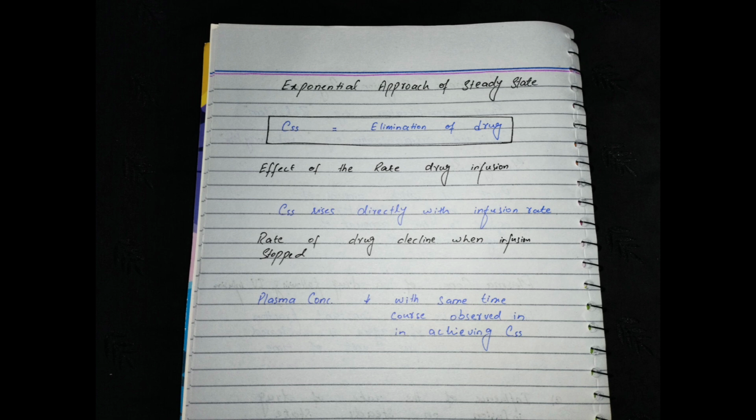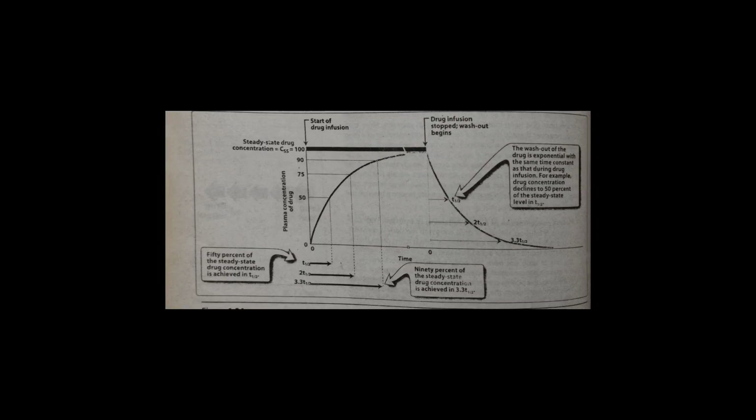Although increasing the rate of drug infusion concomitantly increases the rate at which any given concentration of the drug in the plasma is achieved, it does not influence the time required to reach the ultimate steady state concentration. This is because the steady state concentration of the drug rises directly with the infusion rate.